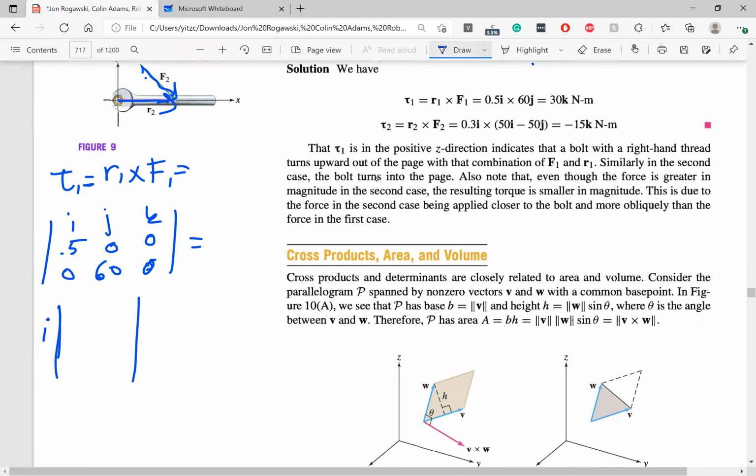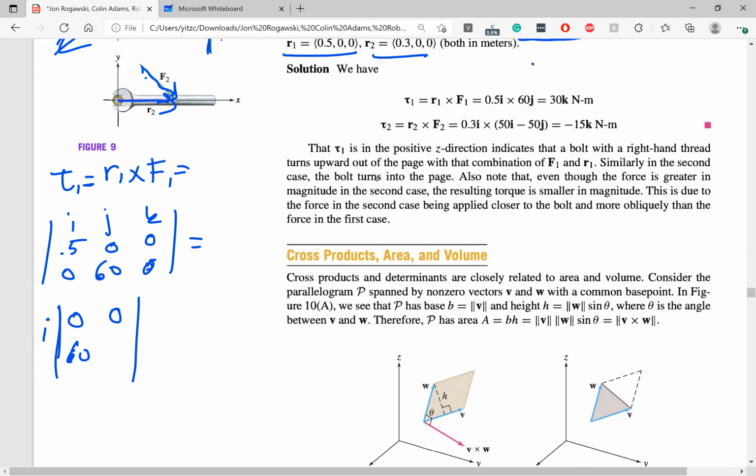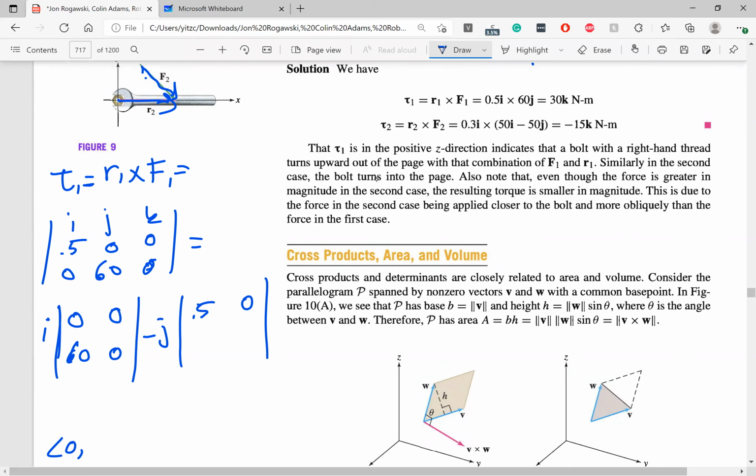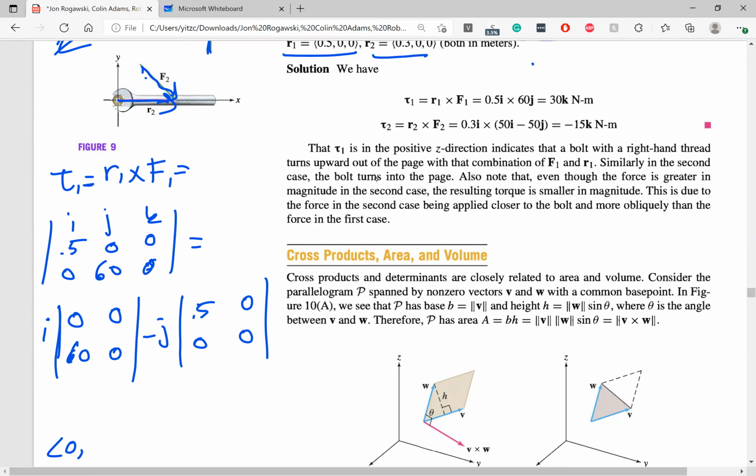Okay, I times the determinant 0, 0, 60, 0. Well, this, of course, is 0. 0 times 0 minus 60 times 0, that's 0. So in the I component, you get 0. In your J component, you're taking minus J times the determinant of 0.5, 0, 0, and 0, which again is 0.